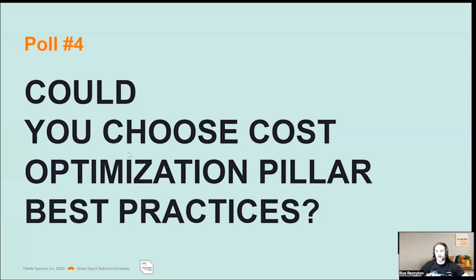Okay, and now the question is similar to what we answered before about the security pillar. So please, could you choose the cost optimization pillar best practices?